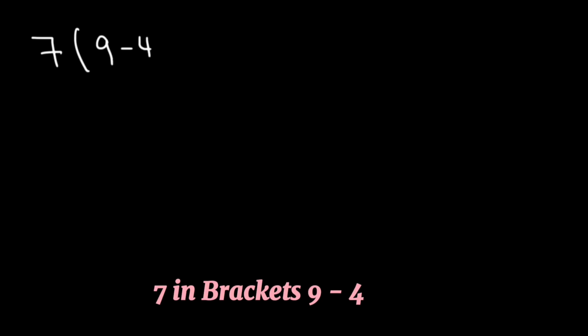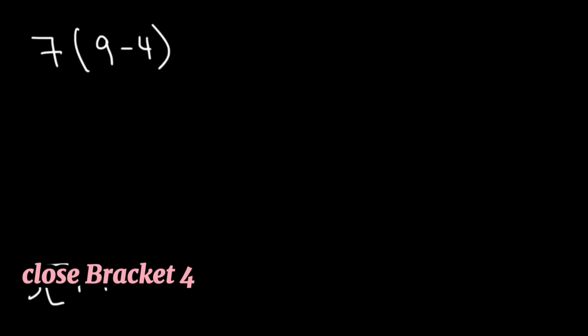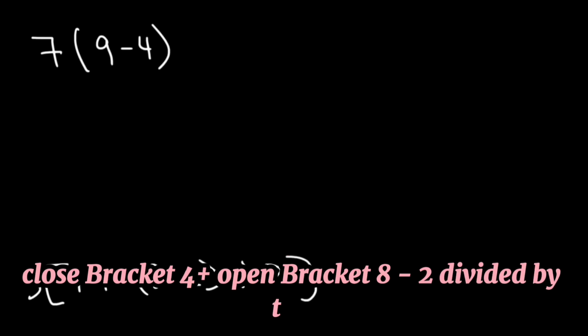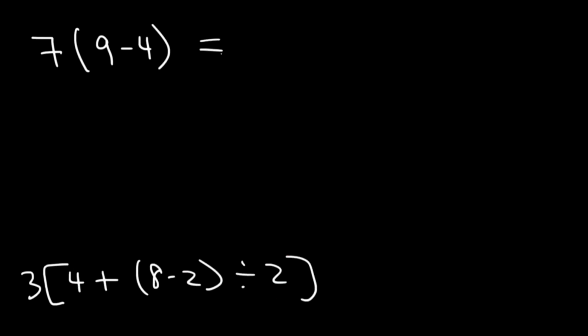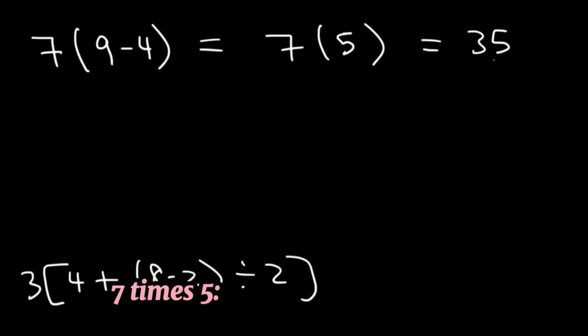Try this one. 7 in brackets 9 minus 4, close bracket, times 3, wait, the expression is 7 times (9 minus 4) and 3 times (4 plus (8 minus 2) divided by 2). The first one here, parentheses: 9 minus 4 is 5, 7 times 5 is 35.